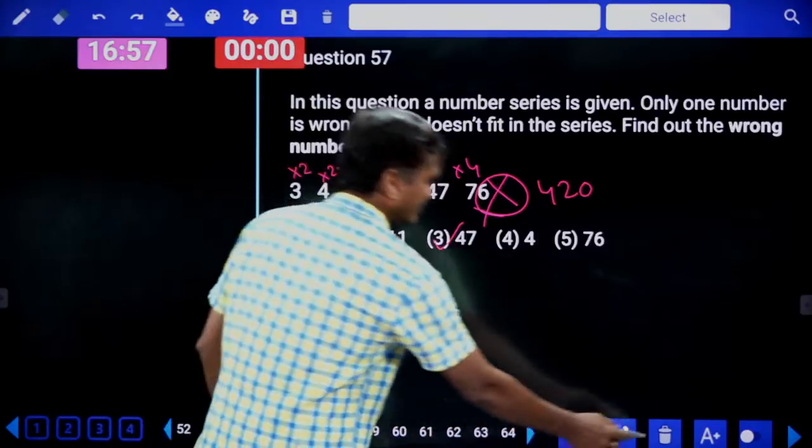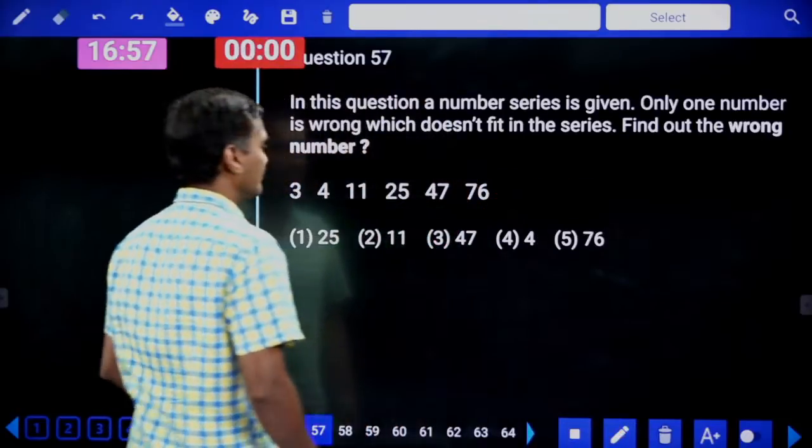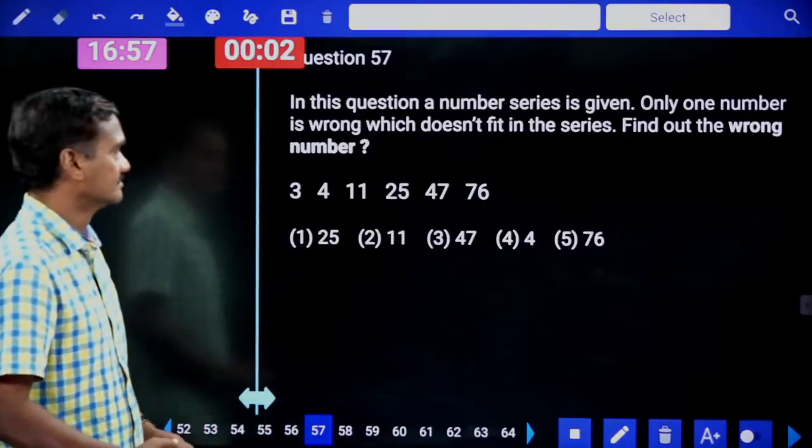Then coming to question number 57. Now in this 57, start working out this 57.